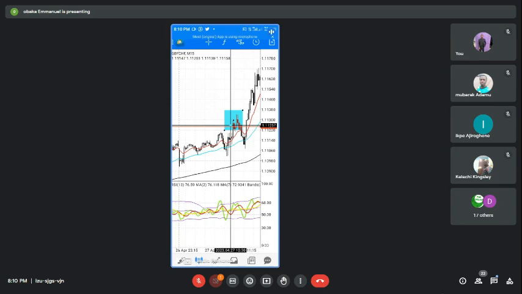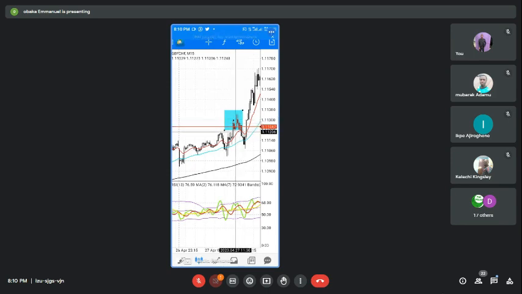If it truly is a zone to sell, no way they won't stay long there. So look at it. There was no rejection candle in my zone. You just have to be careful.